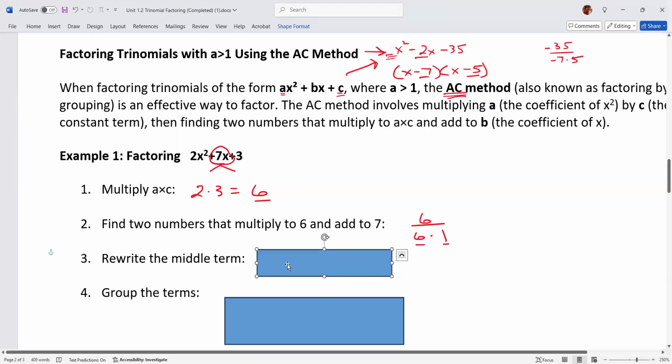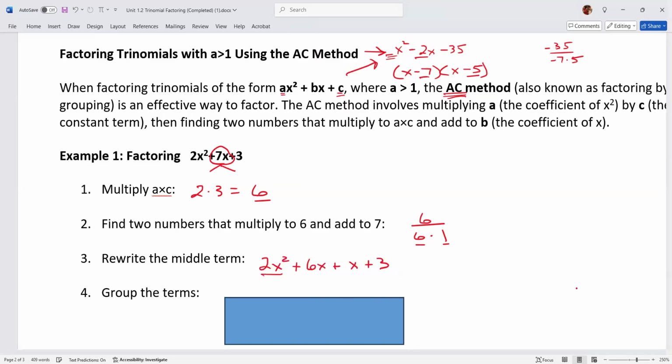Let me go ahead and eliminate this block. You can see my first term is unchanged, the 2x squared, no change. But the 6x and the plus 1x is really 7x. I broke that 7x up into two different terms, and then I brought down the plus 3, the original.